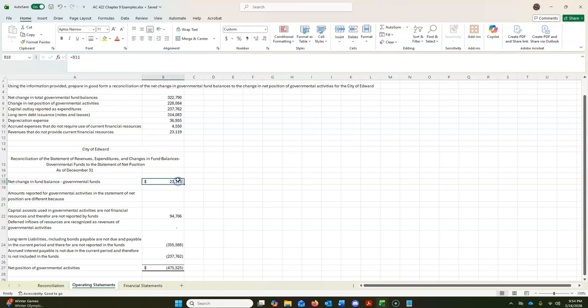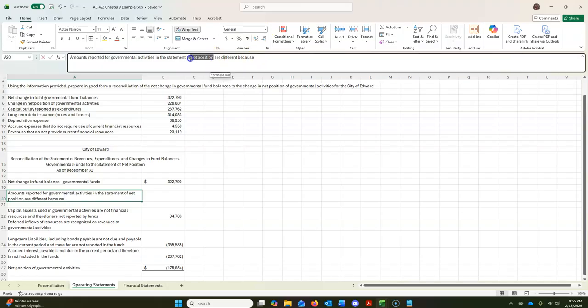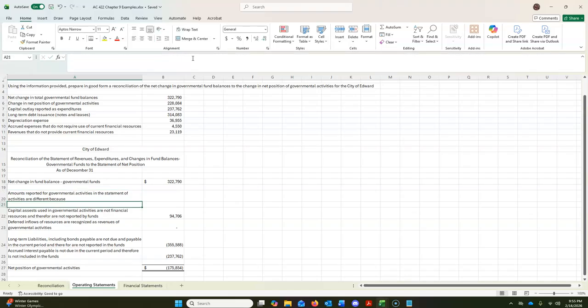And we're going to take this amount up here, the $322,790, and then we're looking at the statement of activities. So first we have governmental funds.